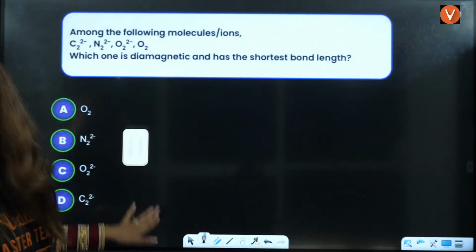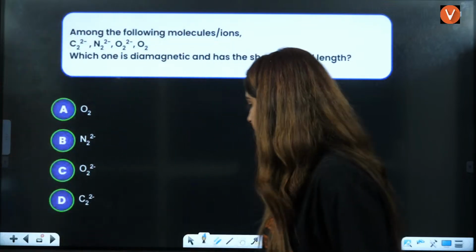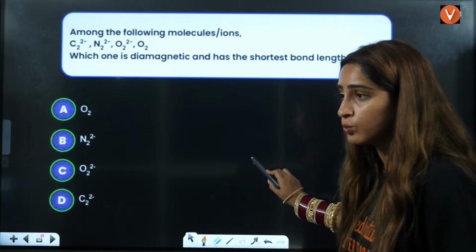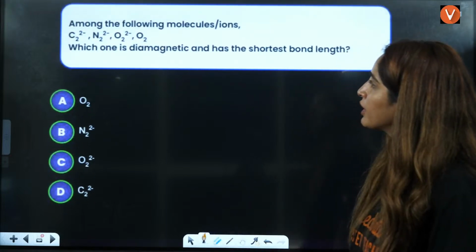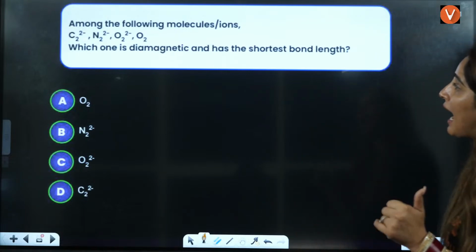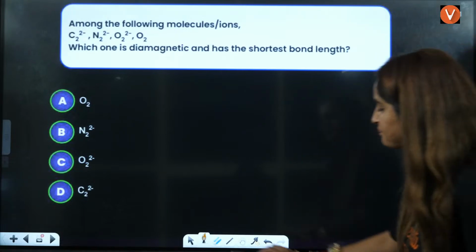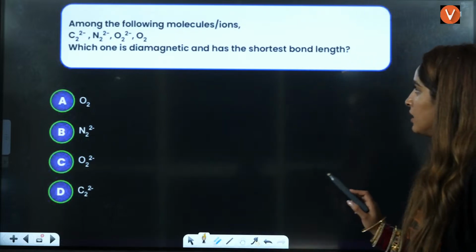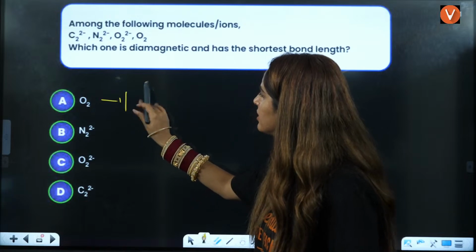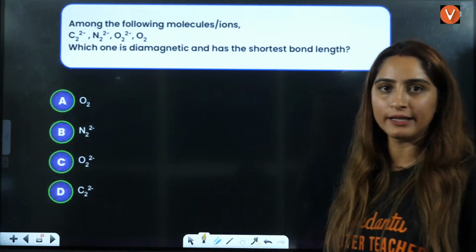Next students, let us see. Among the following molecules, which one is diatomic, diamagnetic, and has the shortest bond length? Dekho, O2 is paramagnetic. Firstly, let us calculate the bond length.